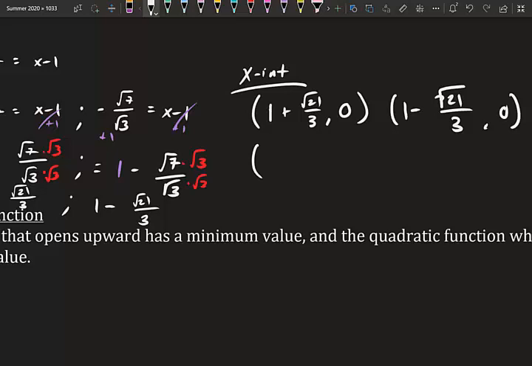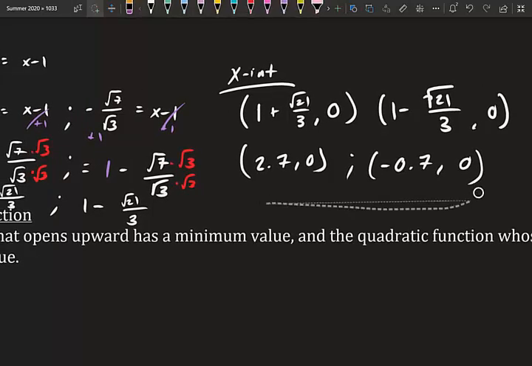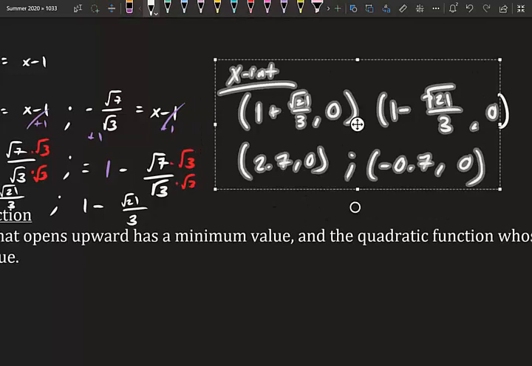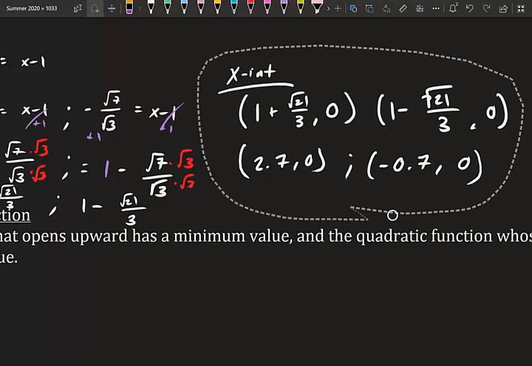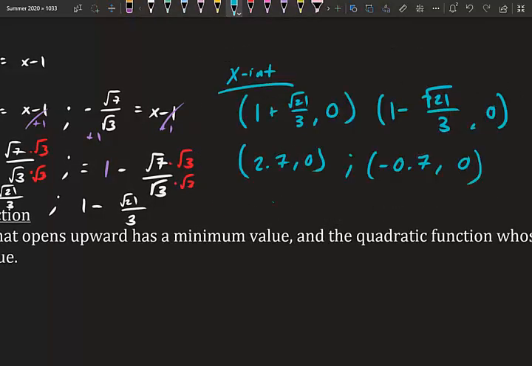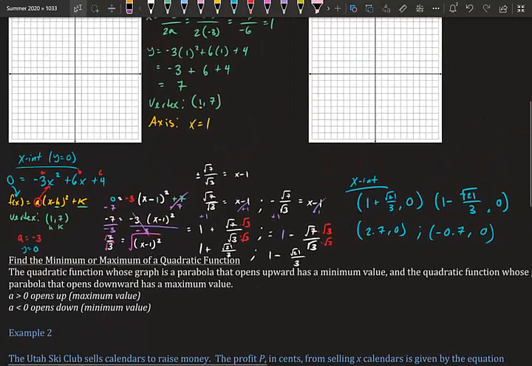So 1 plus the square root of 21 over 3, we get 2.70, and 1 minus the square root of 21 over 3, we get negative 0.70. So that's what we're going to graph as our x-intercepts. Now, it won't always be that difficult. I made it difficult, so I will show you what's the worst I can throw at you.